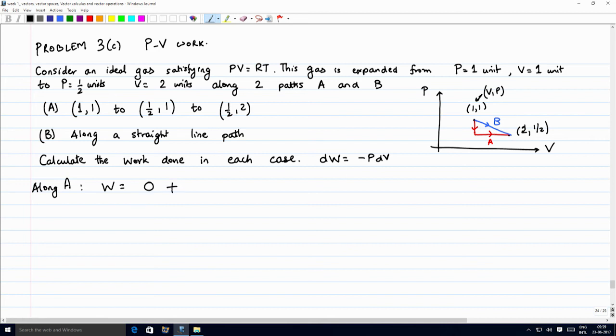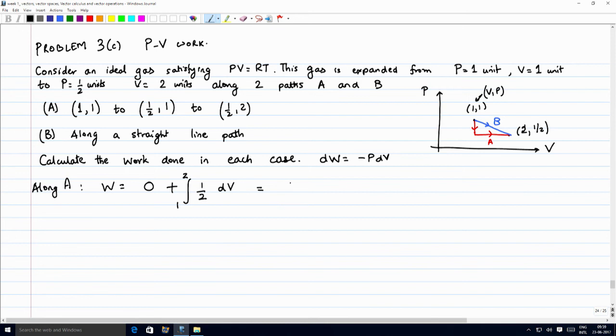In the second part of the path, your pressure is kept fixed at half, so P equals half, and your volume is changing. So, you have the integral of half dV, with V changing from 1 to 2.